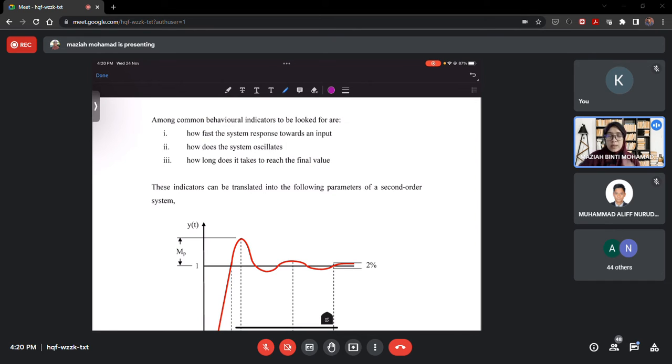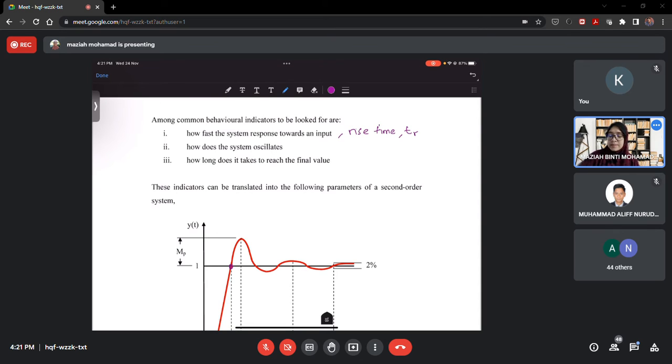For first order we considered the time constant, the time taken to reach 63.2% of the final value, but in the case of a second order system we consider the rise time, which explains how fast the system responds.